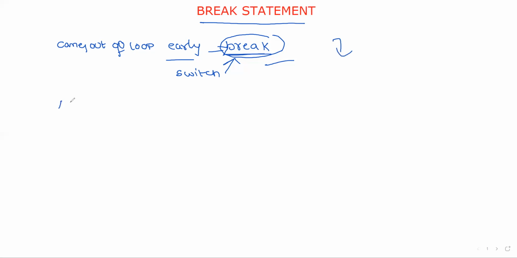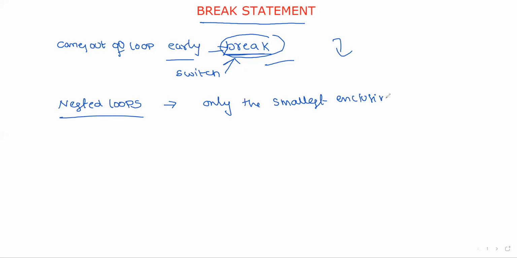The most important thing is nested loops, either nested while, nested do while, nested for, whatever it is. In case of a nested loop, once the break is executed, it comes out of only the smallest enclosing loop.